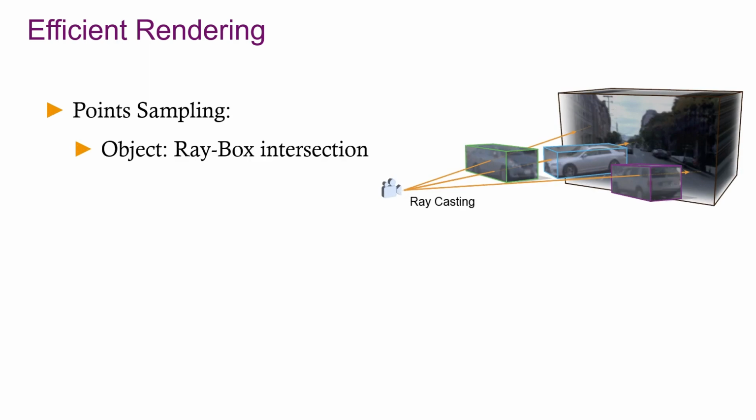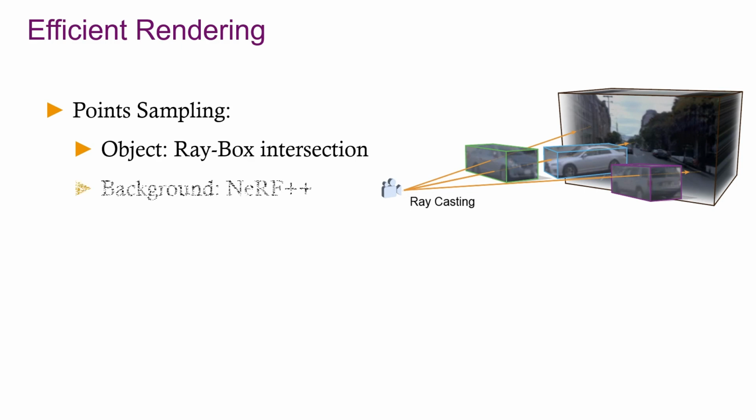Here I will show how to efficiently composite and render the whole scene. We use a technique called ray-box intersection to adaptively calculate depth and sample only within each bounding box. This approach significantly reduces computational overhead when rendering multiple radiance fields.